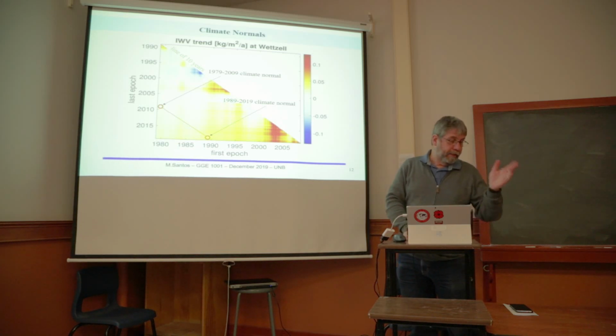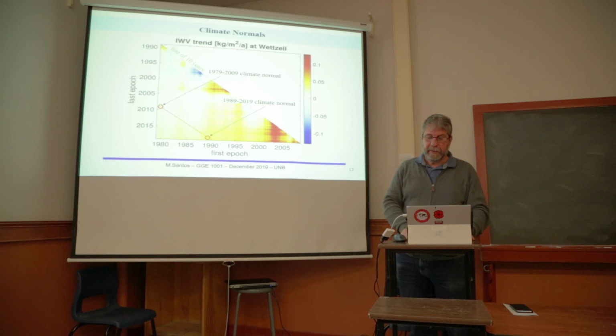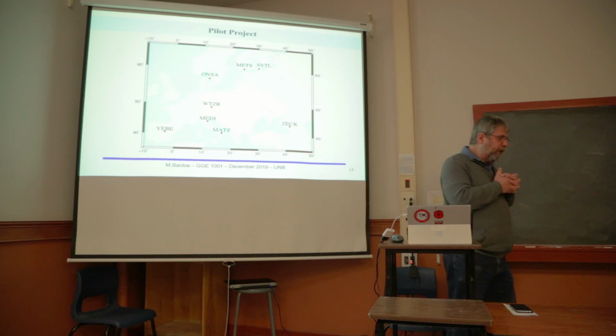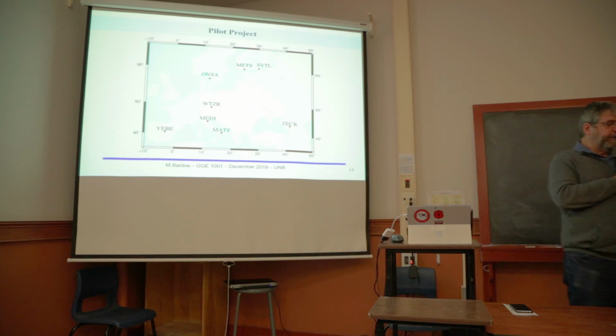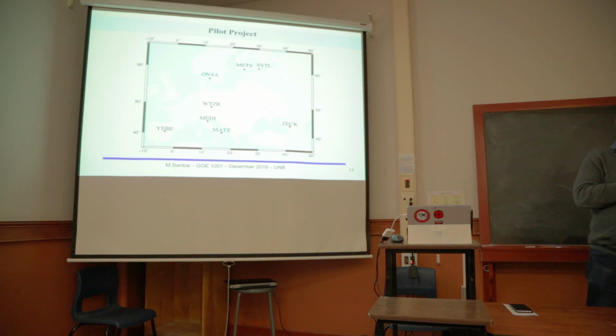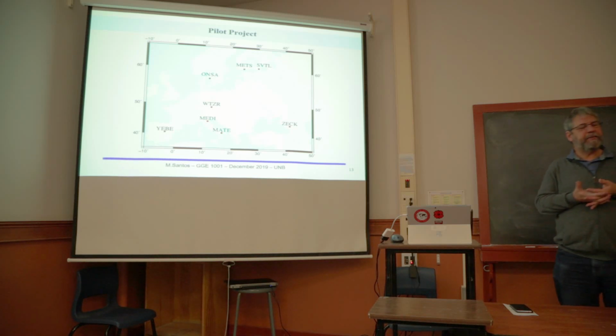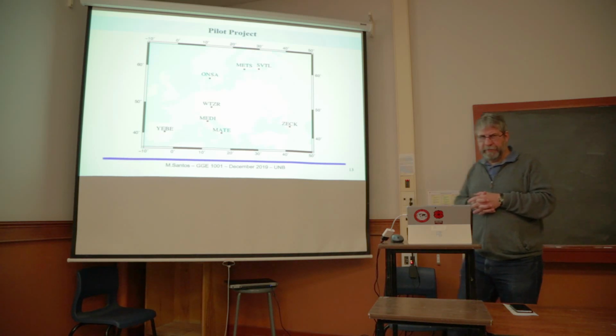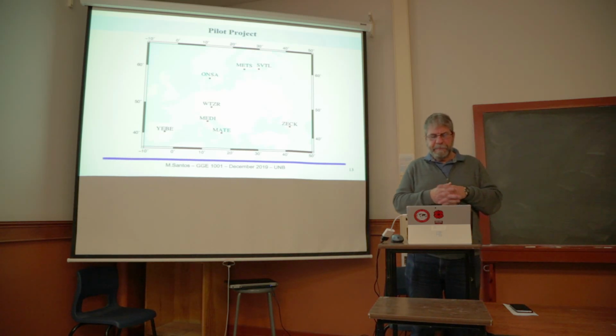So where does my research fit in? We have been working on quality control of series of zenith total delay and zenith wet delay. There are also gradients, which I haven't really discussed with you here.